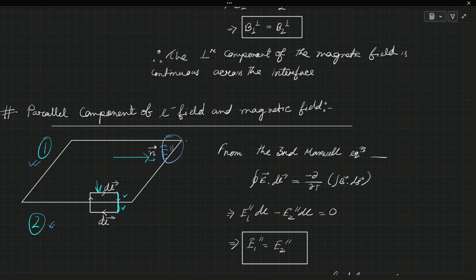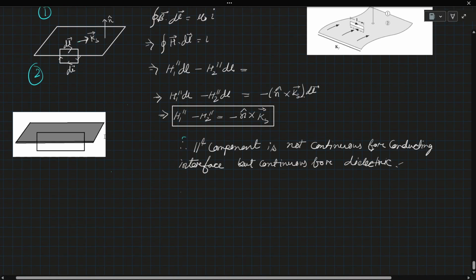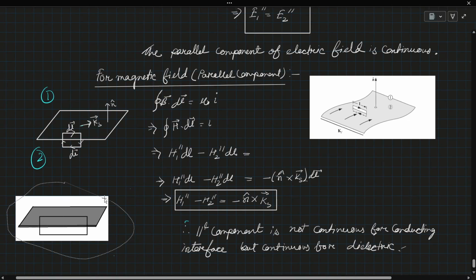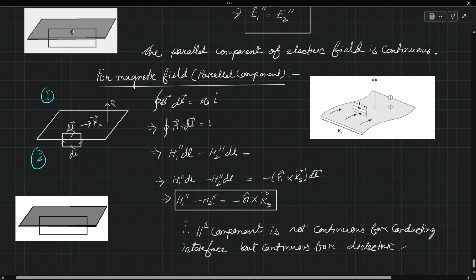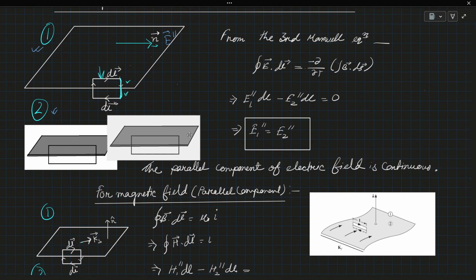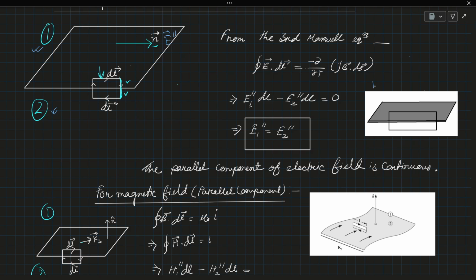This is E parallel. Now for perfect visualization, let me do this. As you can see, this is medium 1 and this is medium 2, right? And this is the Amperian loop, dl.